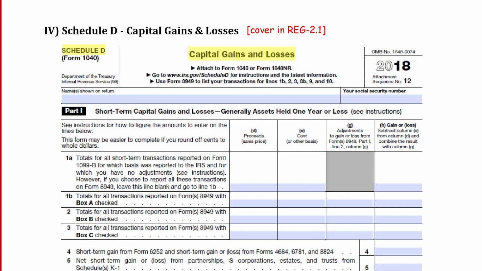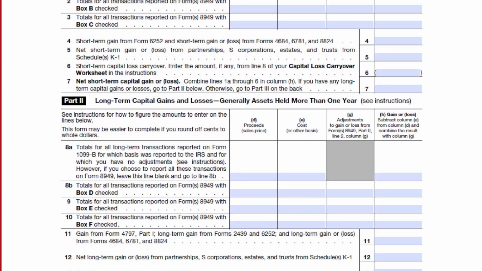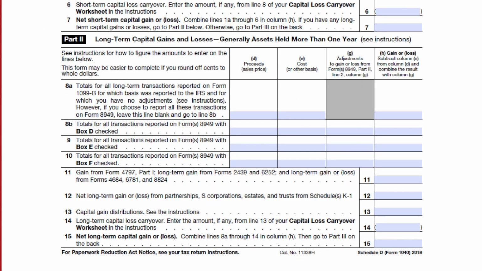But let's quickly browse through the form right now. So if you look at part 1, it's short-term capital gains and losses. So these are generally assets held 1 year or less. Highlight short-term. Part 2 is long-term capital gains and losses, which are generally assets held more than 1 year. Highlight long-term.